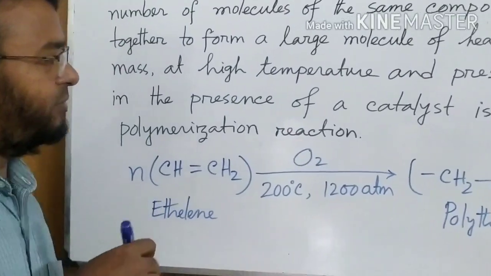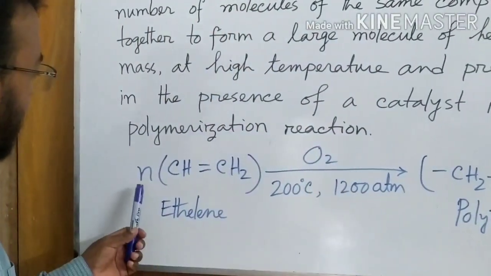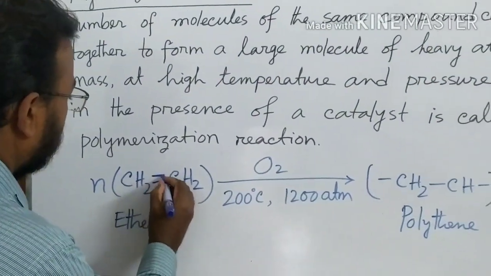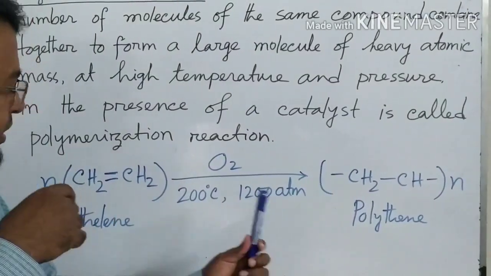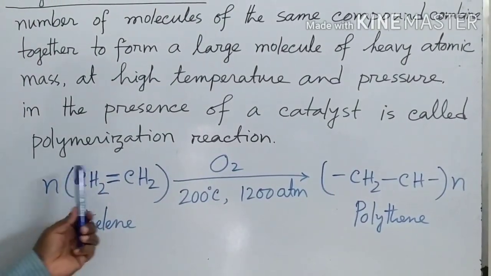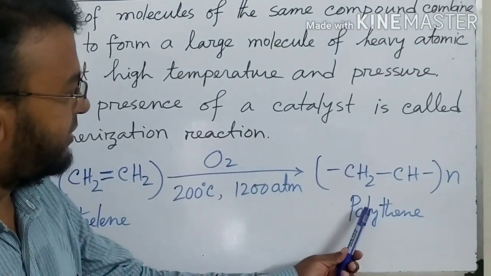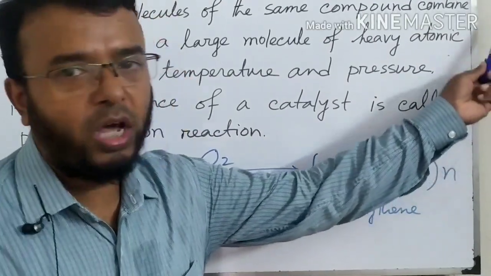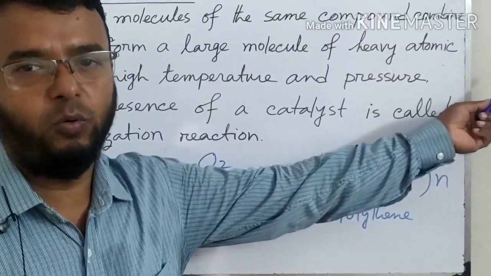Okay, it is like a wall. CH2 double bond CH2, it is ethylene. And here n means the large number of ethylene molecules, combined together to form a polythene. It is a heavy molecule. Like the wall, this is one wall, it is made of many bricks inside the wall.